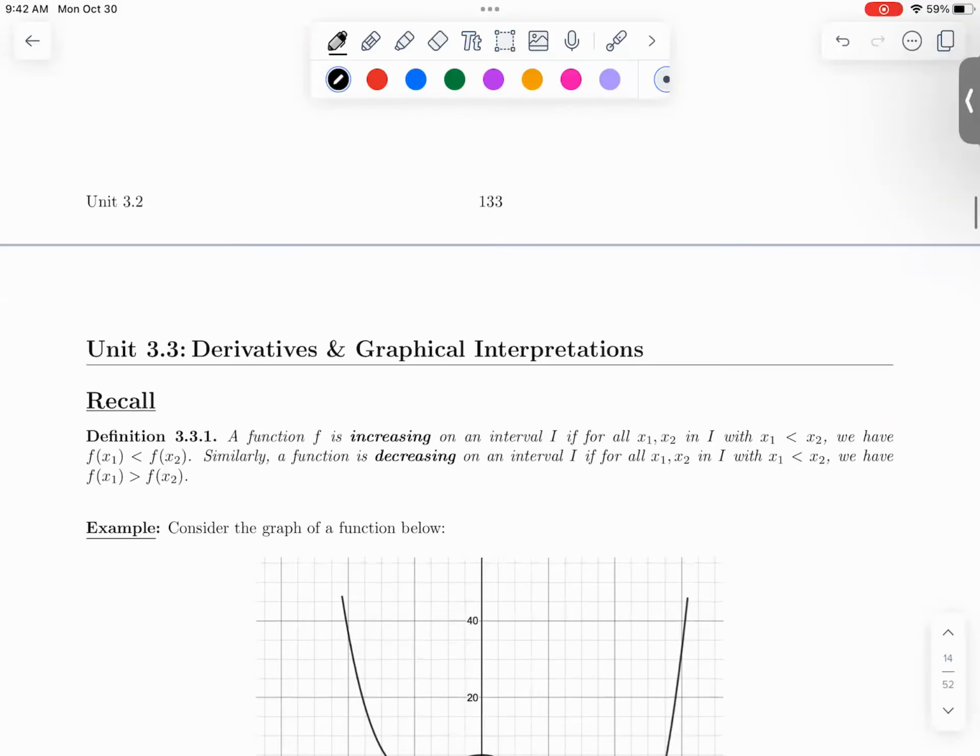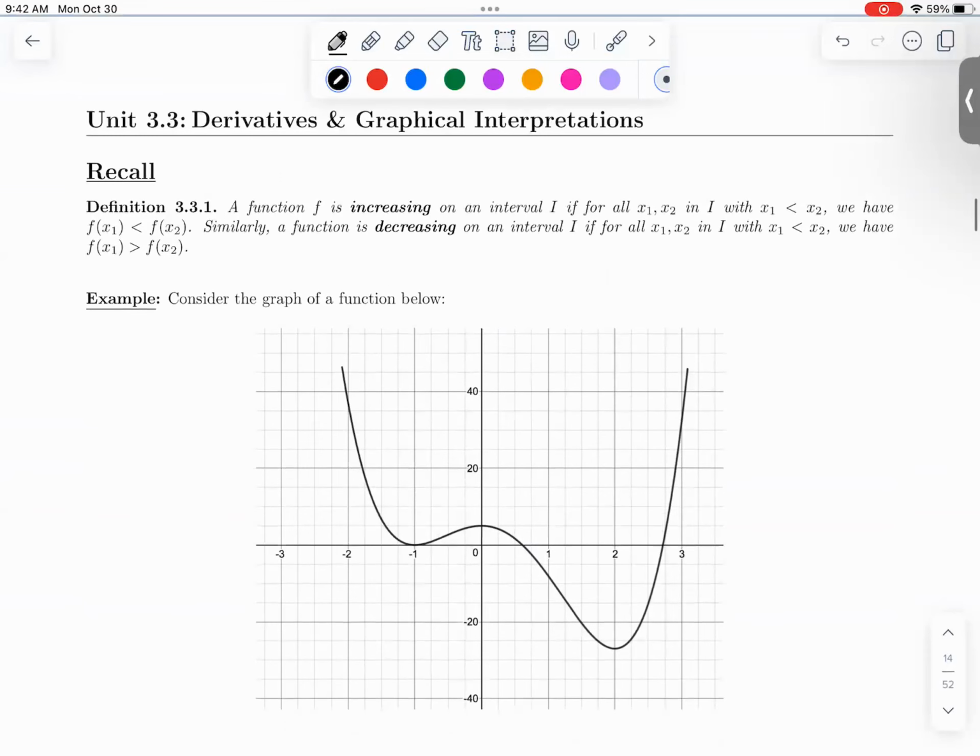And so then we move on to the far more interesting stuff that is far more useful to us, which is 3.3, derivatives and their graphical interpretations. As a reminder, a function is increasing if for all x1, x2 in your interval, with x1 less than x2, the function value on the left is lower than the one on the right.